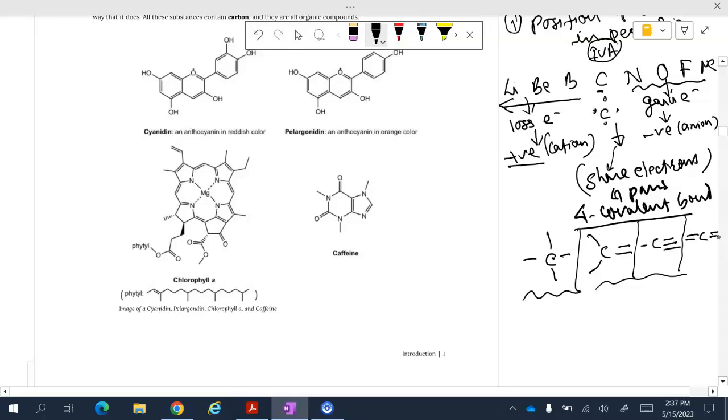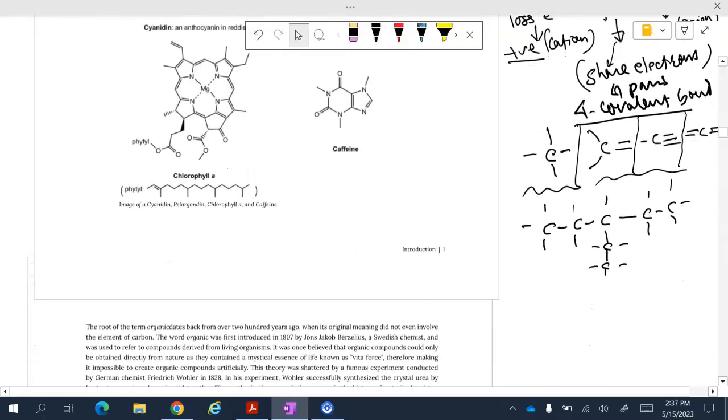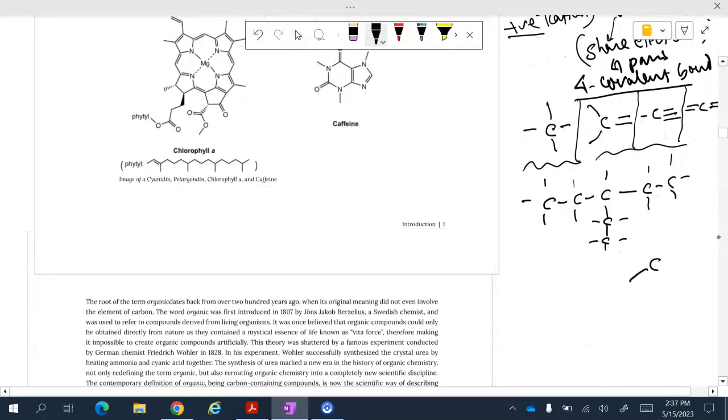The other unique feature is that whenever carbon forms 4 covalent bonds, it can bond with other carbon atoms, forming a long chain like this. Or it can form a branched structure, or sometimes even a ring structure, like a 3-member, 4-member, 5-member, or 6-member ring.